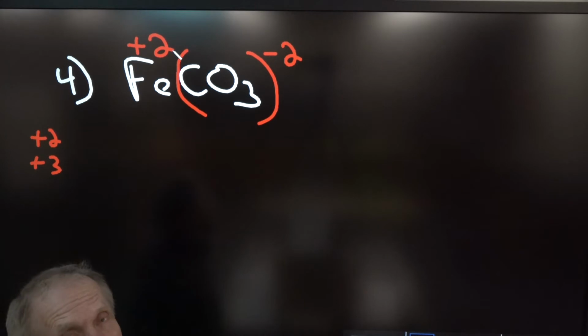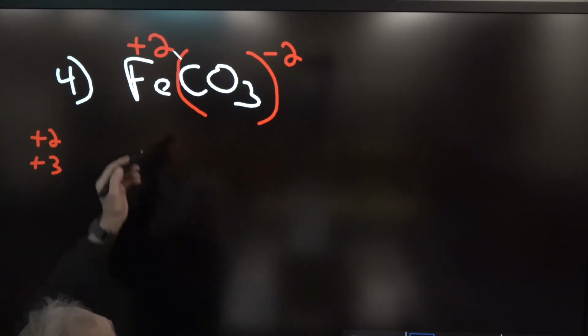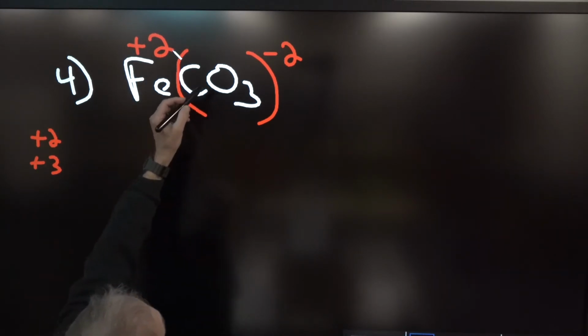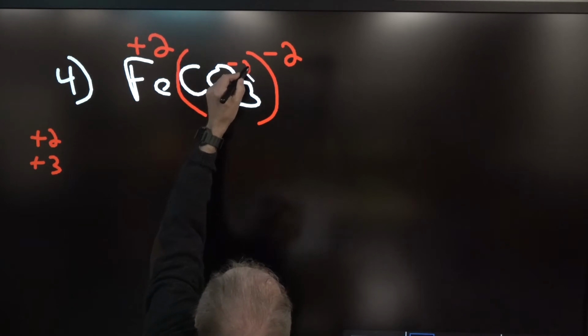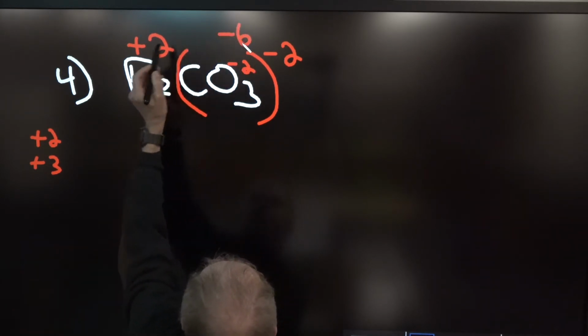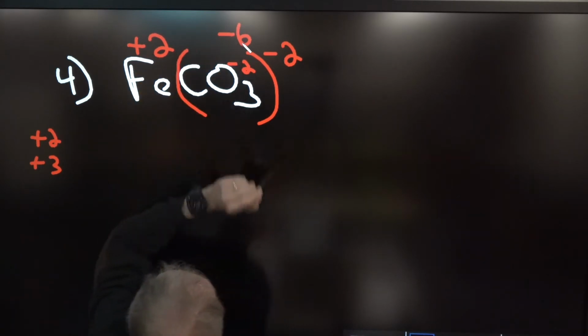And that equals 0. But what about the C and the O3? Well, we know that iron is a +2. We know that oxygen is a -2. And 3 times -2 is a -6. So we have a +2 and a -6.